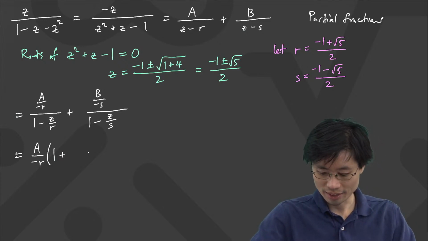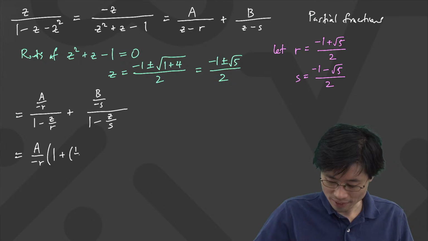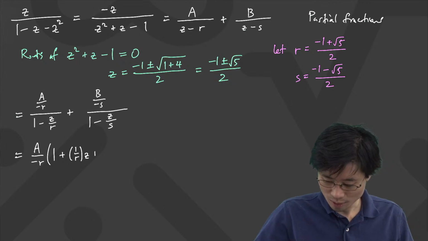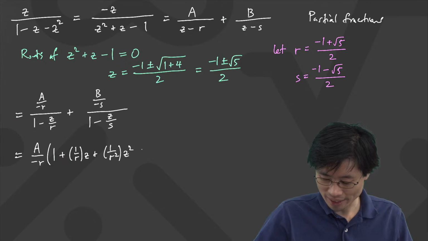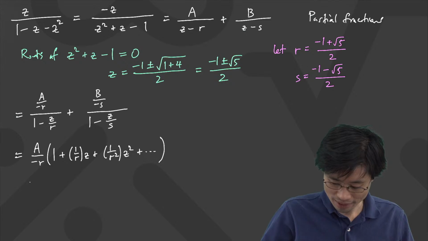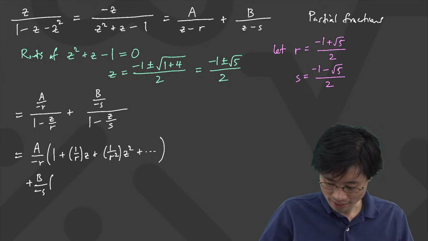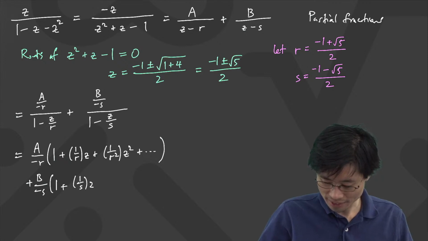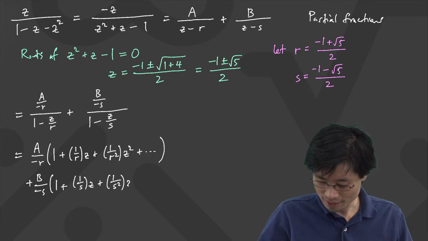Actually, I'm going to write it a slightly different way: 1 plus 1 over r times z plus 1 over r squared times z squared plus dot dot dot. And then there's this b part. It's like plus b over negative s times 1 plus 1 over s z plus 1 over s squared z squared plus dot dot dot.